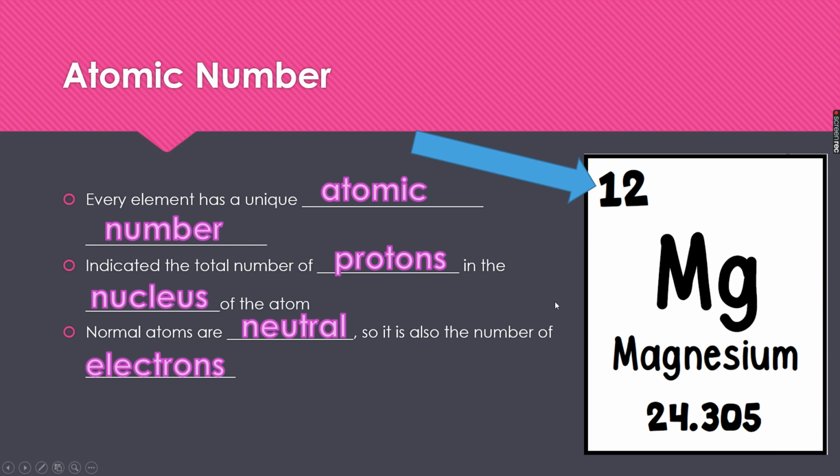So because any of these given elements or atoms is going to have a neutral charge, my atomic number, the number of my protons, is also going to equal the number of my electrons. So in this magnesium atom, it would have a positive 12 charge for its protons, a negative 12 charge for its electrons. Negative 12 plus positive 12 gives me 0 overall charge.